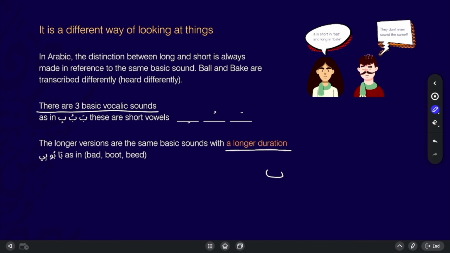So, when you say ba, ta, to produce the long vowel here, it has to be baa, taa. The quality of the vowel has to stay the same. It can't be pronounced differently. You only have a, u, e, and the long versions are a, u, e.